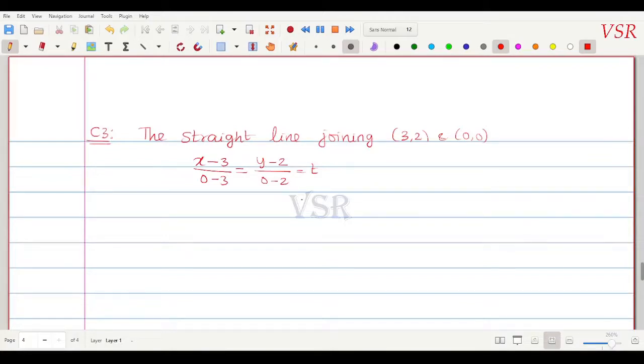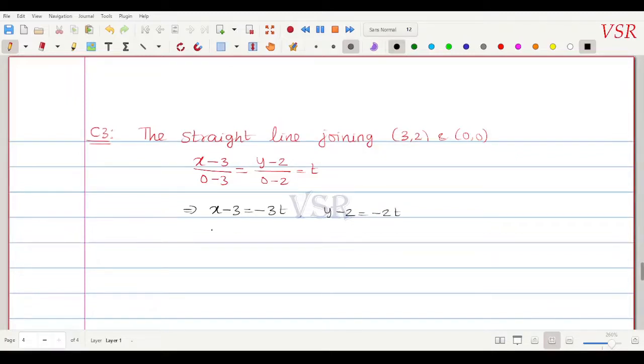Let us see what happens. This implies that x minus 3 is equal to minus 3t, and y minus 2 is equal to minus 2t.